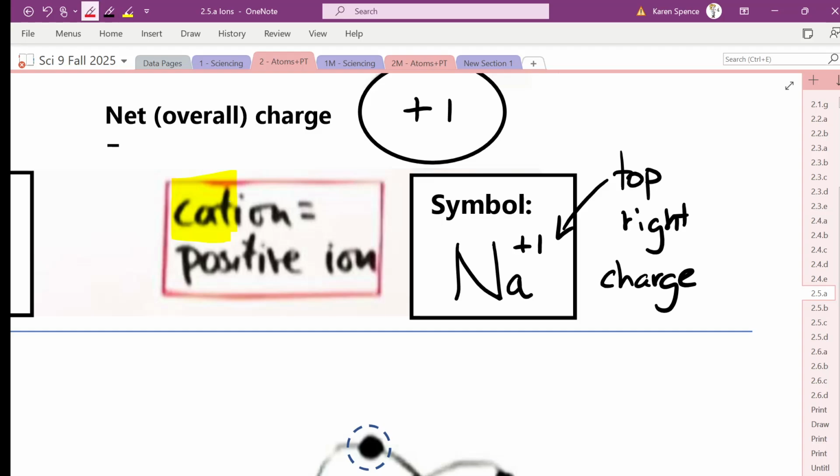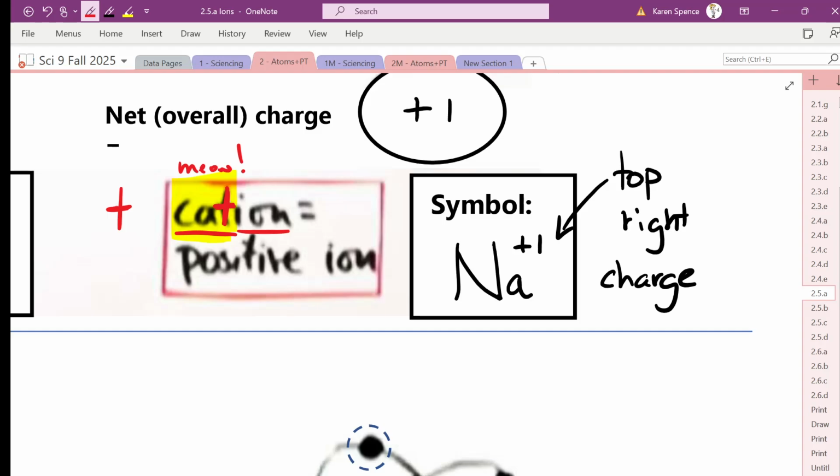It is cat, like meow, ion, cation. And do you know what you see in the middle of the word cation? That's a positive. The T looks like a plus.